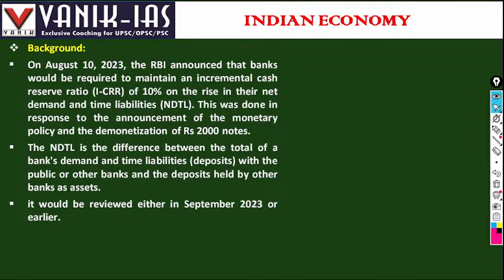That enhanced the NDTL, net demand and time liability, of the commercial banks. Because that increased considerably, RBI decided to increase the incremental cash reserve ratio of the commercial banks to maintain stability in the financial market.